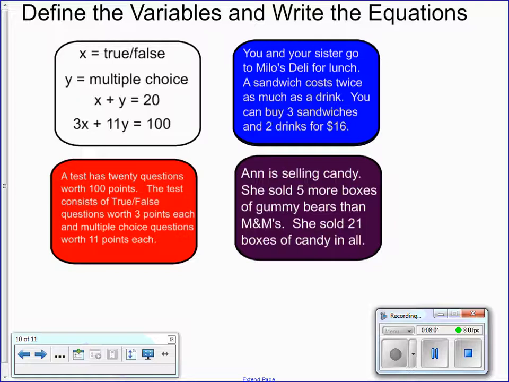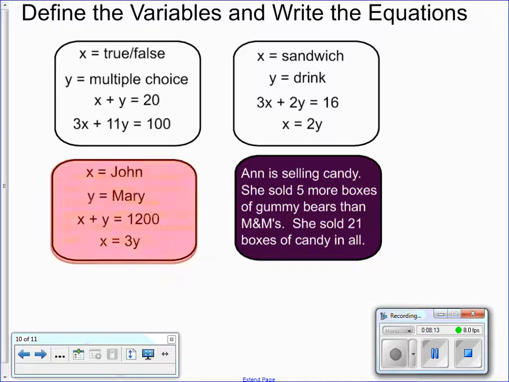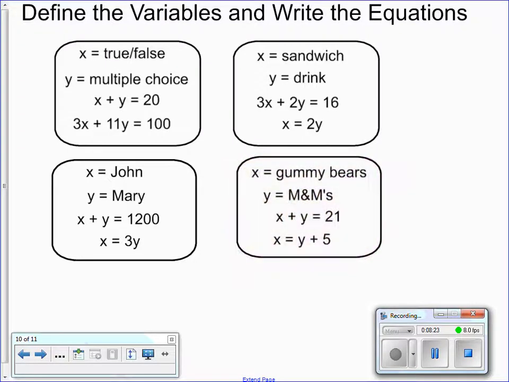You buy 3 sandwiches and 2 drinks. There's your variables and your equations. A test has 20 questions worth 100 points. The test consists of true/false worth 3 points and multiple choice worth 11. There's your equations. Anne is selling candy. She sold 5 more boxes of gummy bears than M&Ms, 21 in all. That's correct.